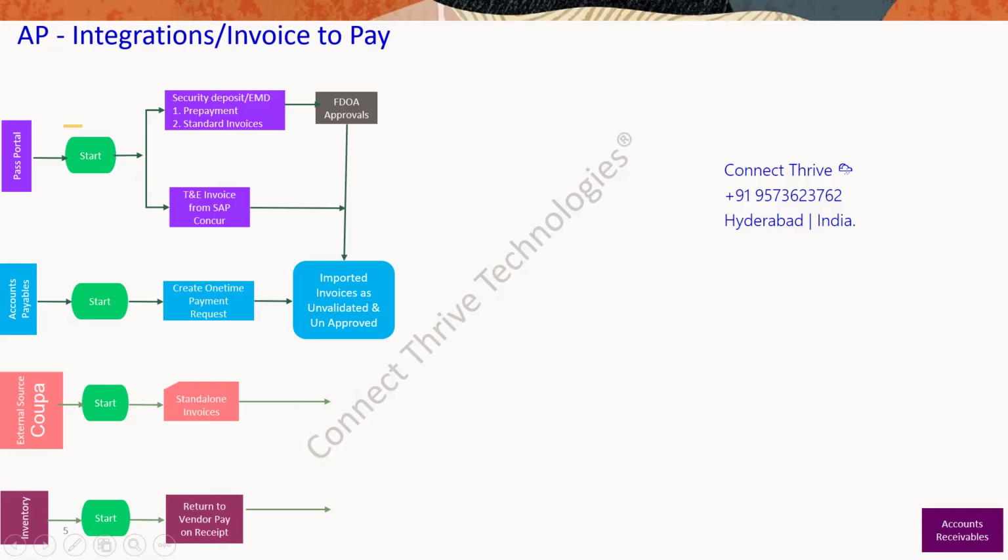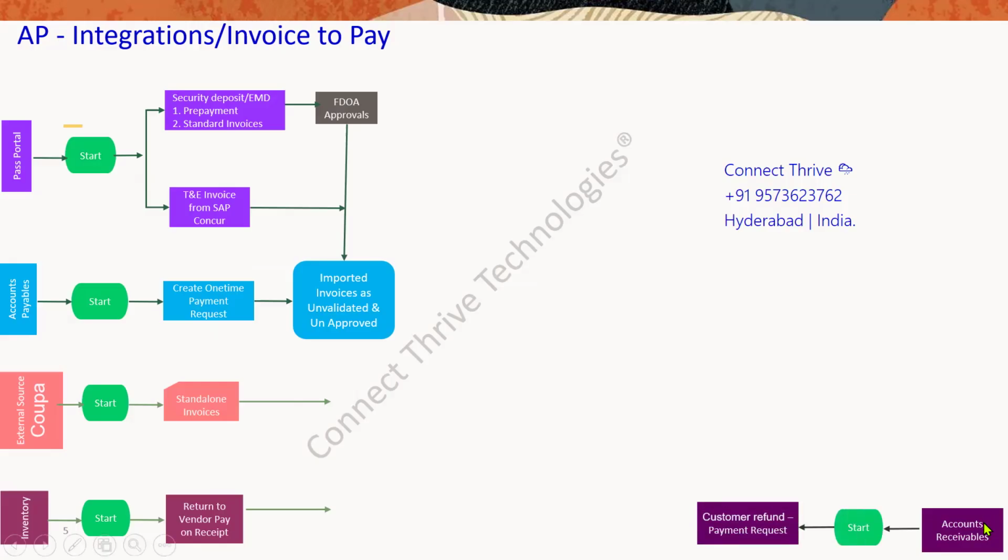Apart from that, from the AR side, we have the accounts receivable module. In the accounts receivable module, we will receive the credit memo request as well as credit memo refund invoices. That is the payment request invoice.